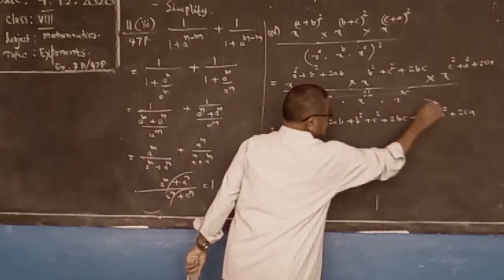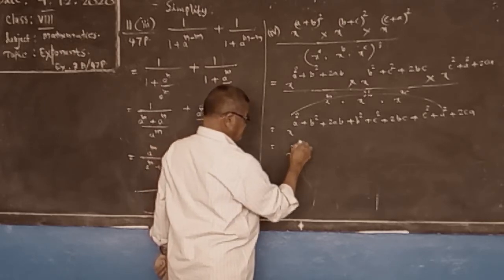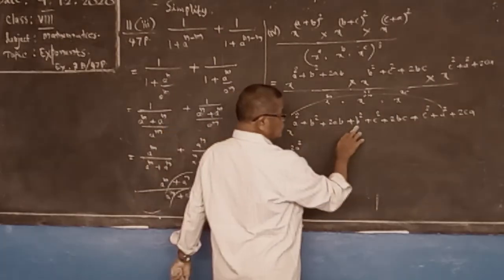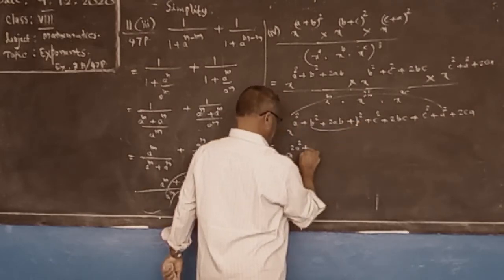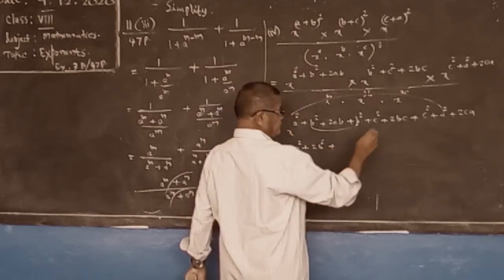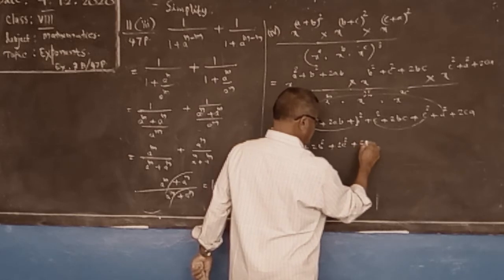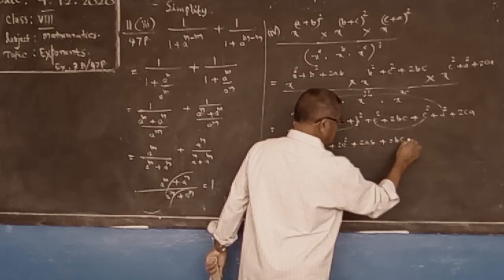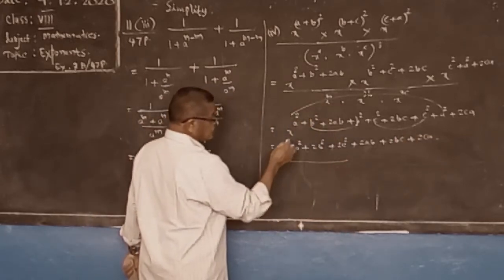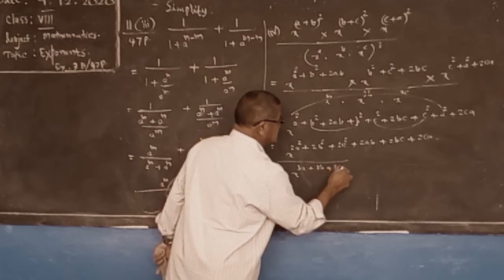Like terms: 2a square plus 2b square plus 2c square plus 2ab plus 2bc plus 2ca, by x power 3a plus 3b plus 3c.